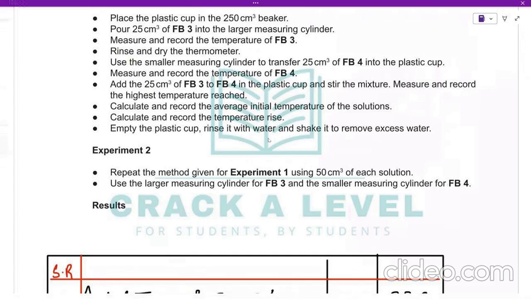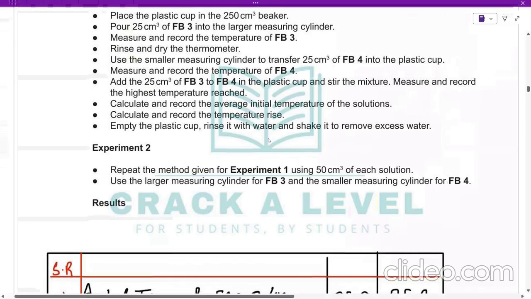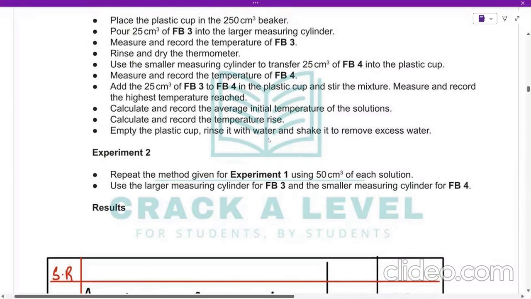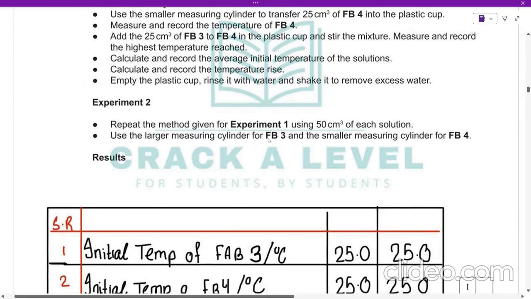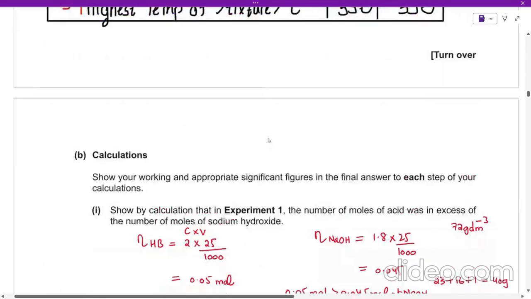Use the larger measuring cylinder for FB3 and the smaller measuring cylinder for FB4. So let's just assume that we are taking 50 cm cube of FB3 and also 50 cm cube of FB4.